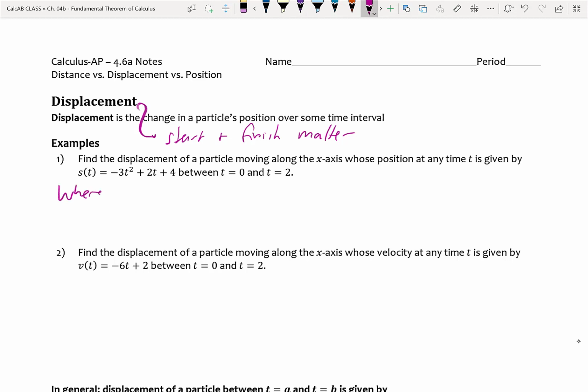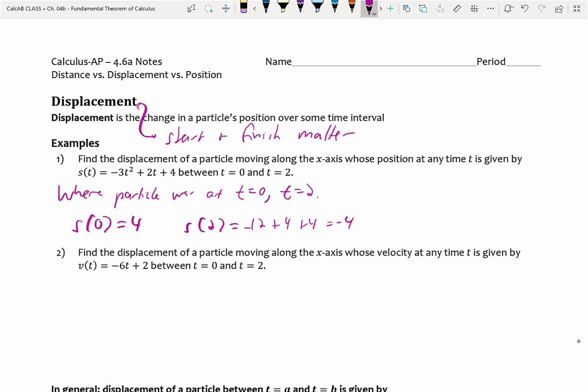So it's saying where the particle was at t equals 0 and t equals 2, which is really saying what is s of 0, which in this case is 4, and s of 2, which is negative 12 plus 4 plus 4, or negative 4. So the particle started at 4 and ended up at negative 4.